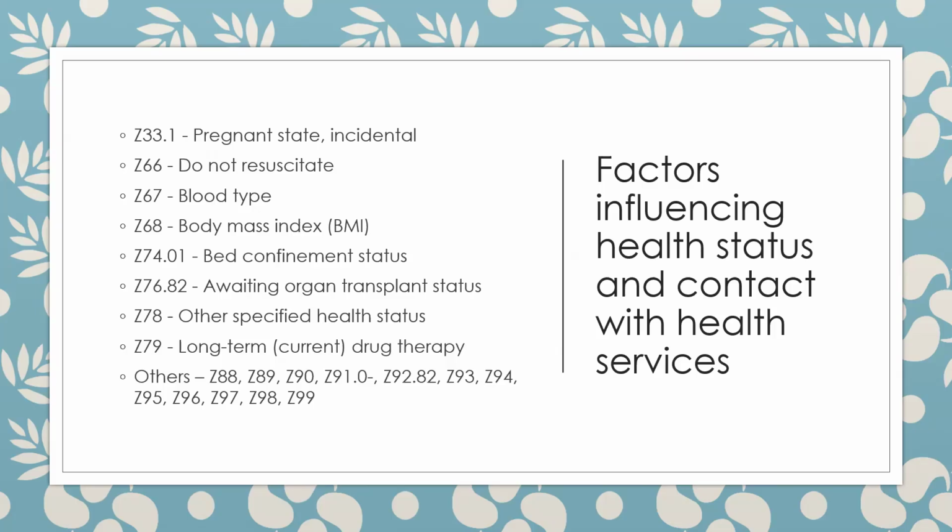Z90 is for acquired absence of organs not elsewhere classified. And the others I'm not covering in today's session, but they include Z91, Z92.82, Z93, 94, 95, 96, 97, and Z98 and Z99.